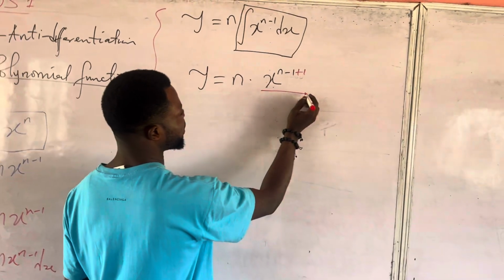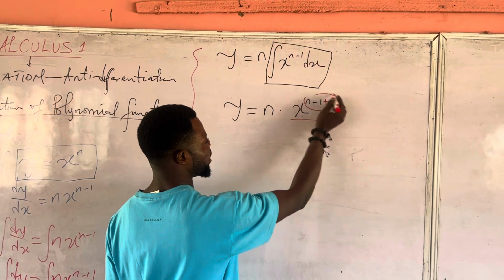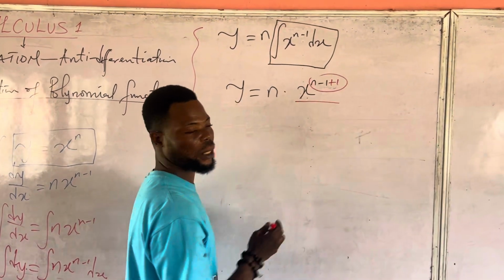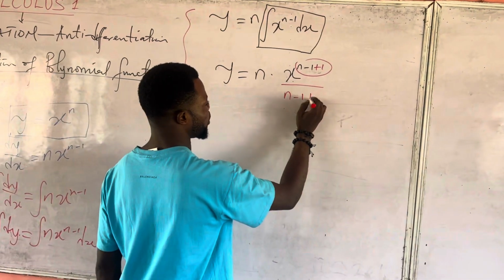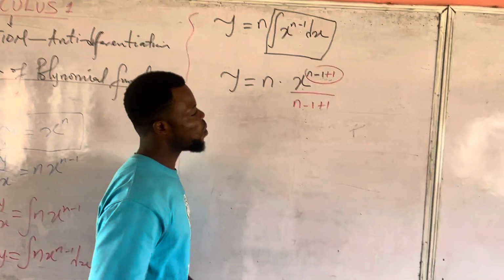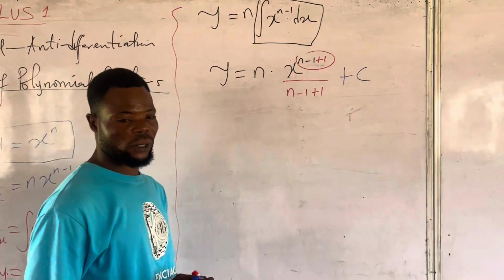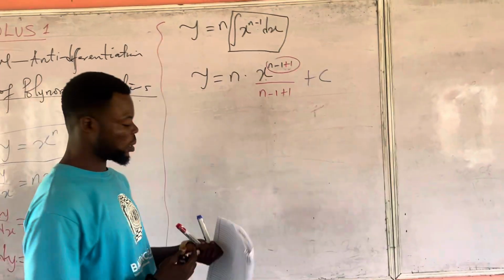And we divide everything here by the power again, which is n minus 1 plus 1. Then we need to add what you call a constant term. And what is the function of this constant term? We will explain it later.